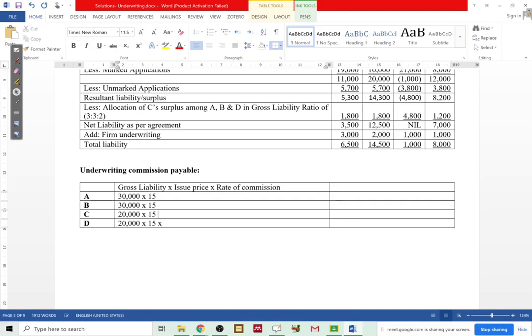Now we multiply it by the rate of commission. We made the assumption that 2.5% of the issue price is to be paid, and for every one the rate will be the same.